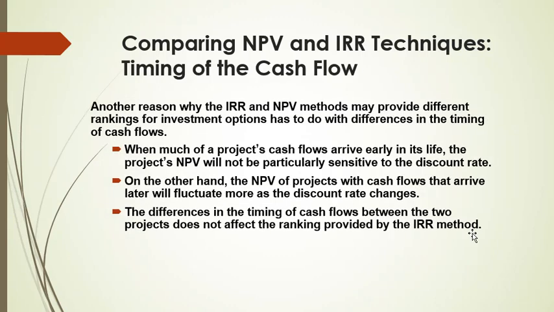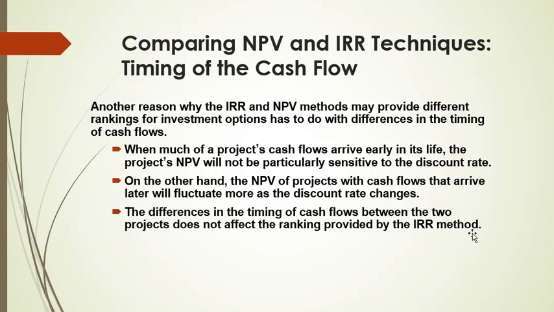Other issues have to do with timing, right? Where cash flows occur in the timeline is going to have an impact on net present value, right? So when much of the project's cash flows arrive early, net present value won't be particularly sensitive to the discount rate.